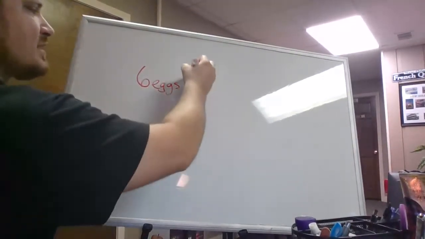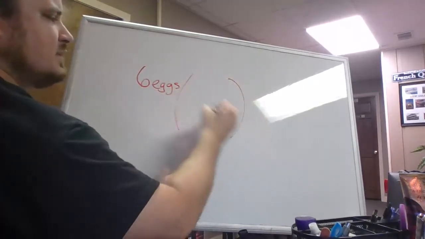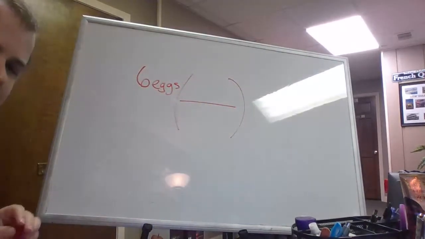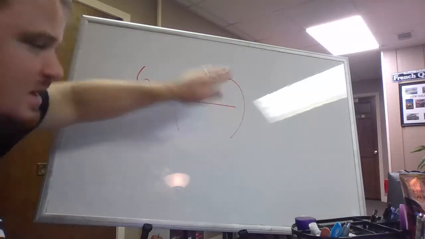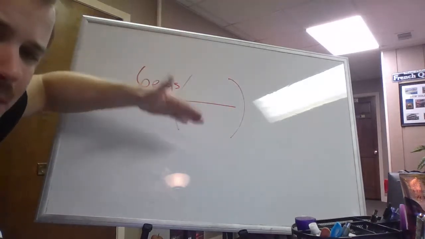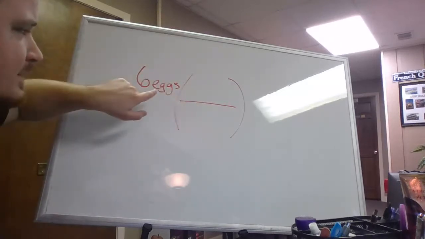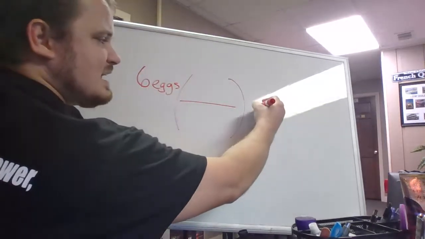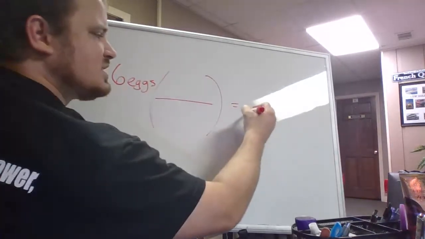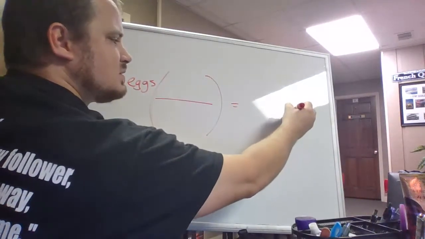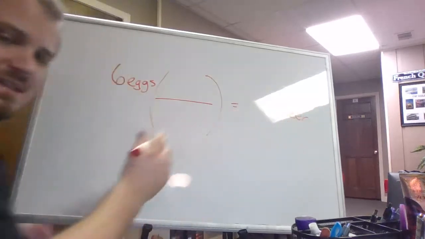A conversion factor is a factor where the inside of this is equal to 1, so we can use as much as we want, but on top we'll have 1 unit and on bottom we'll have another. The way you do it, we want to figure out 6 eggs. We want to tell how many dozen the 6 eggs equal. So 6 eggs is how many dozen?